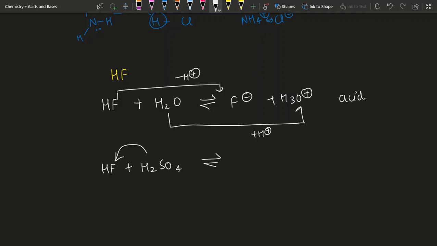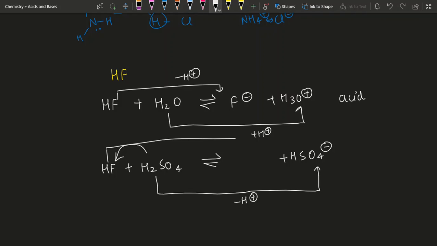What happens is H2SO4 loses its H plus, not H minus, to get to HSO4 minus, and HF gets added with H plus to give you H2F plus. And this really means that now, since you get a stronger acidic solvent, it converts the acid that you had in water to a base in this solution of sulfuric acid.